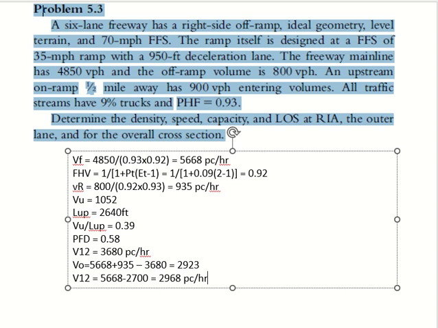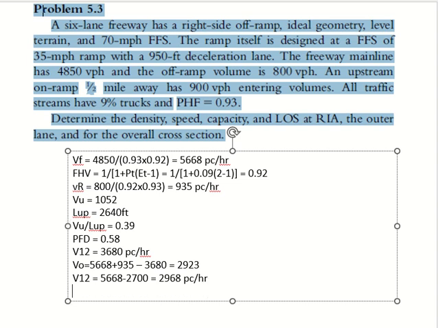The second check was per lane outer should be less than or greater than? Less than or equal. Okay. So this V12, first of all we have to convert it to per lane. So 2968 in 2 lanes. So how much in 1 lane? 1484.